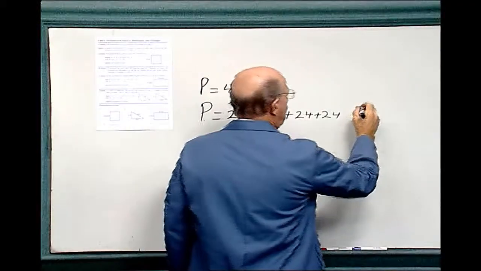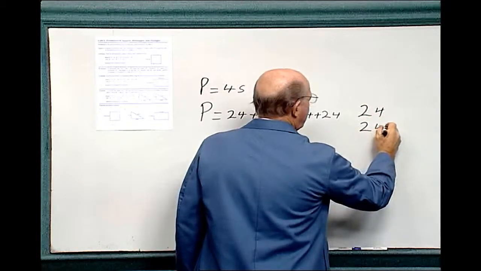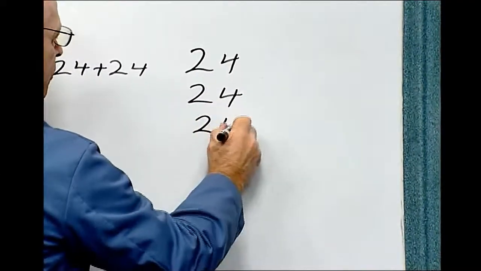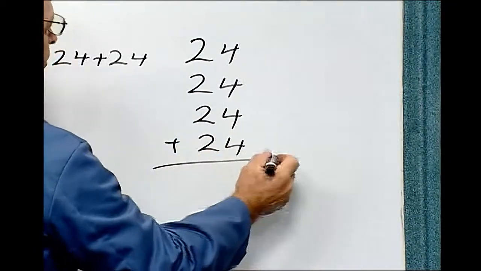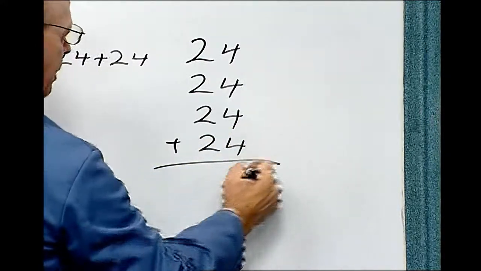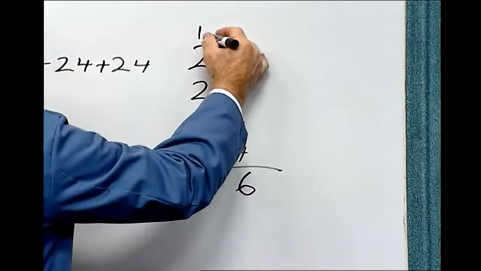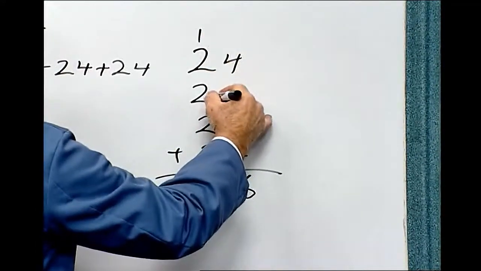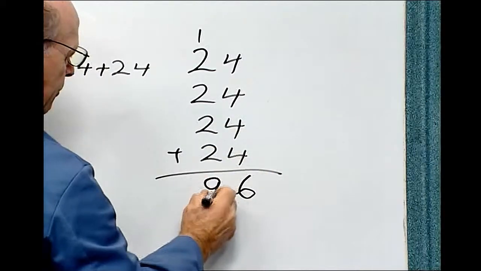Let's do that vertically. So it's 24 plus 24 plus 24 plus 24. 4 plus 4 is 8, plus 4 is 12, plus 4 is 16, carry the 1. 1 plus 2 is 3, plus 2 is 5, plus 2 is 7, plus 2 is 9.